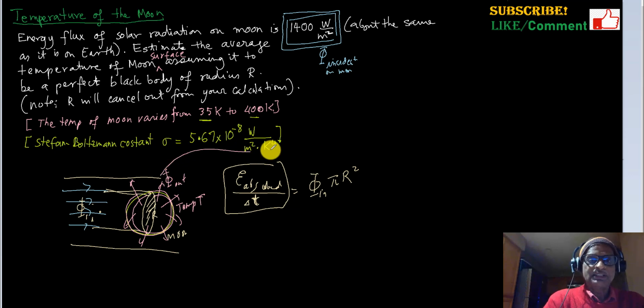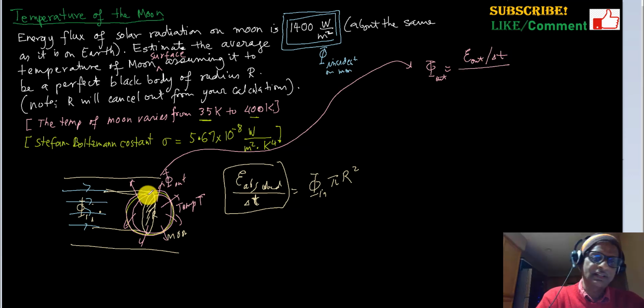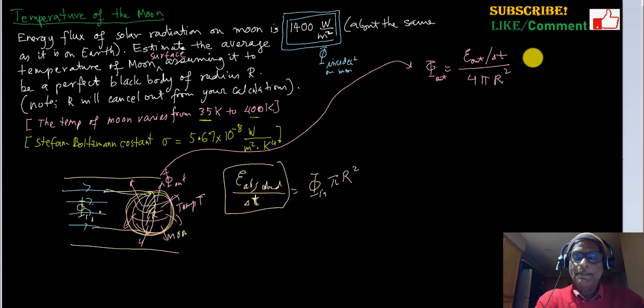The flux out is energy out per unit time over the area, and it comes out on all 4 pi r squared. This is equal to sigma T to the power 4, assuming a perfect black body.